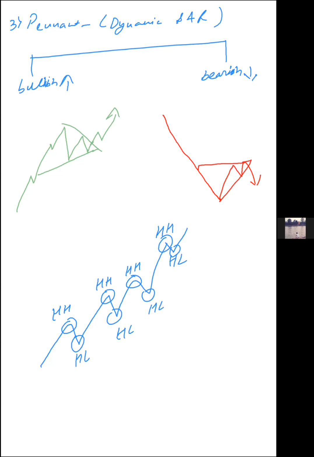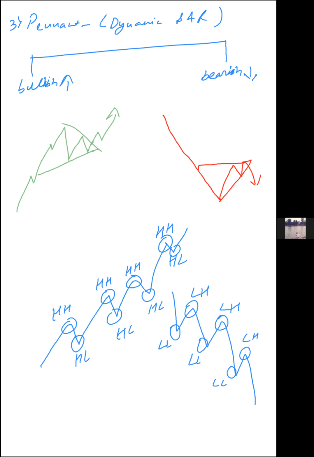And the opposite thing is this is lower high. These are lower lows and these are lower highs.